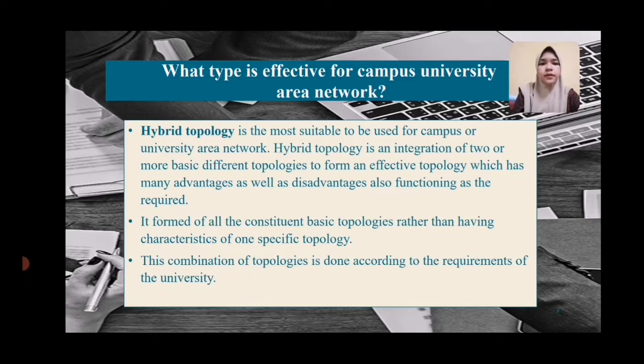It is formed of all the constituent basic topologies rather than having the characteristic of one specific only, meaning that this combination of topologies is done according to the requirement of the university.